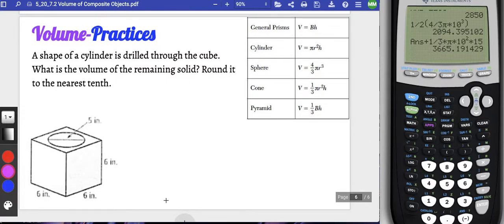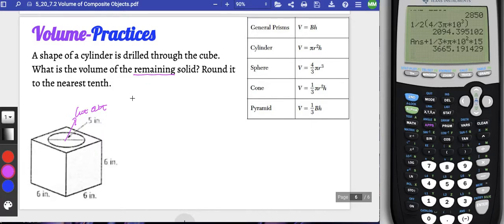Same as before, I'm going to leave some space for us to do the calculation. Some of you probably already figured it out. Since I need to find the remaining part, clearly the middle part is cut out, so I'm going to subtract.